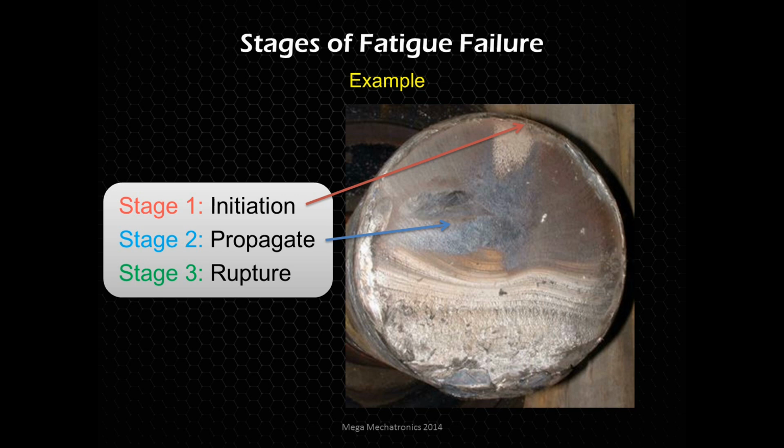So you can almost tell that this has been propagating for a while. And then it gets lighter and lighter until we rupture down here, where we see sort of a brittle fracture. And we can make out how far those beach marks made it to that final point. So it almost went through three quarters of this shaft before it finally failed.